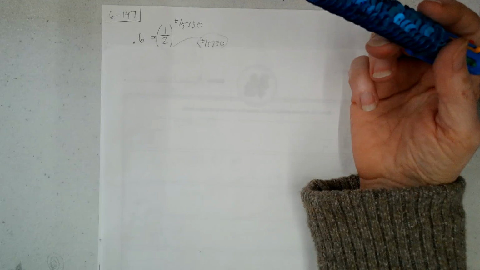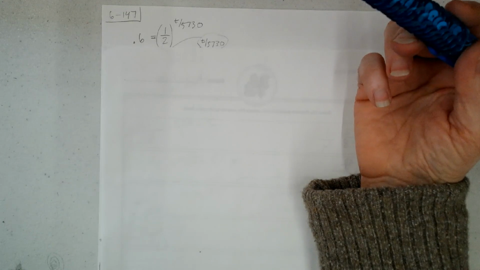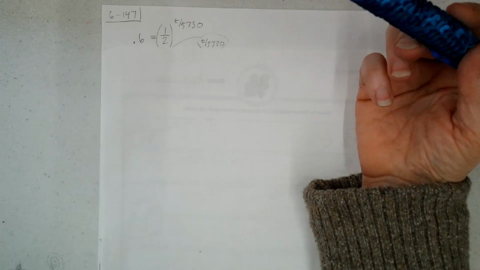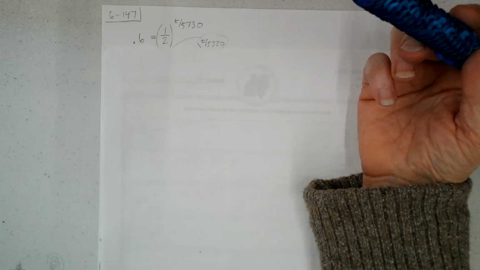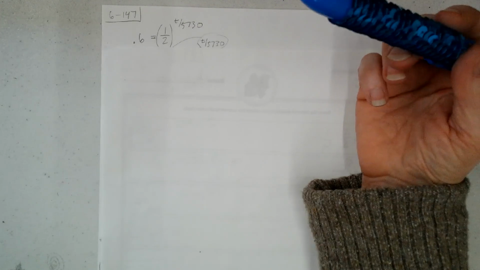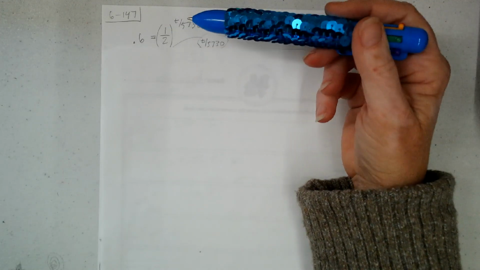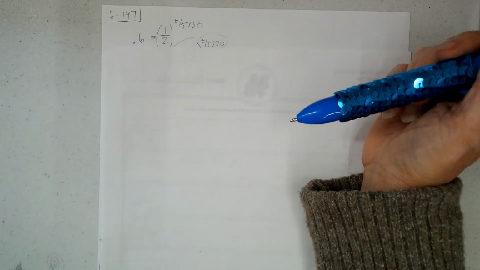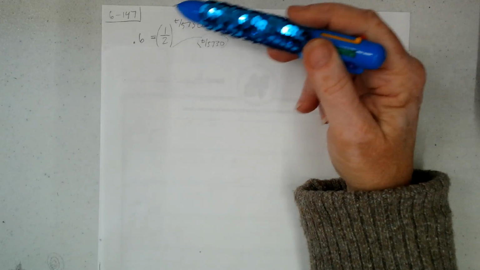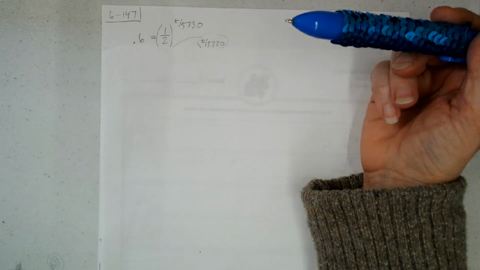But after 1 year, 1 year is only 1/5,730th of a half-life, if that makes any sense. So each year is 1/5,730th of a half-life. So that's why the book is setting it up like this.